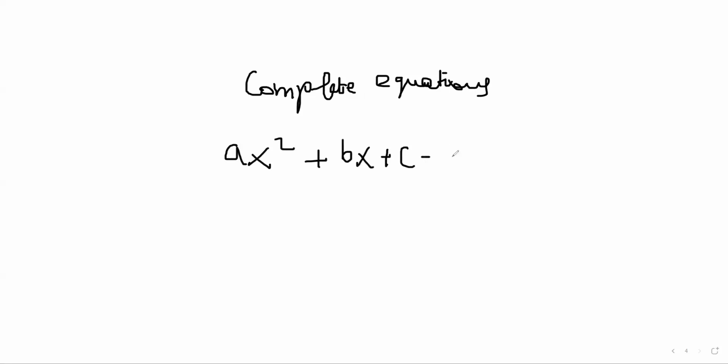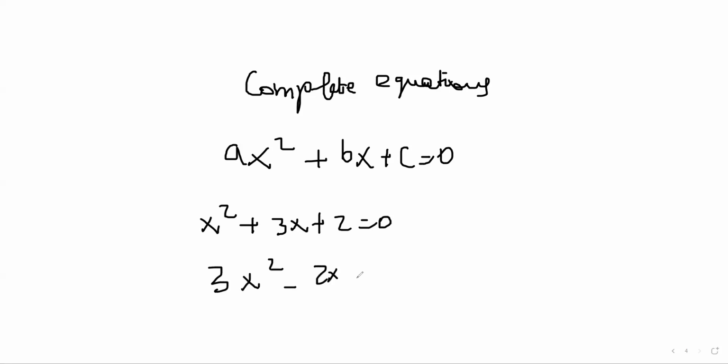For example, this is a complete equation: x squared plus 3x plus 2 equals 0, or 3x squared minus 2x plus 3 equals 0. Today, we are going to learn a special case of complete equations, where the first coefficient is 1. So let's continue.